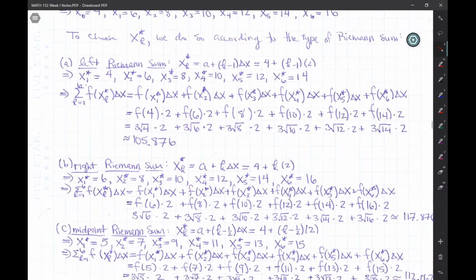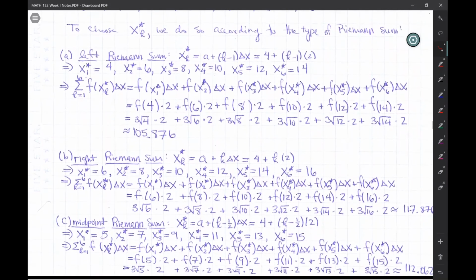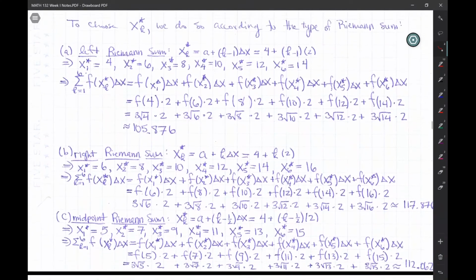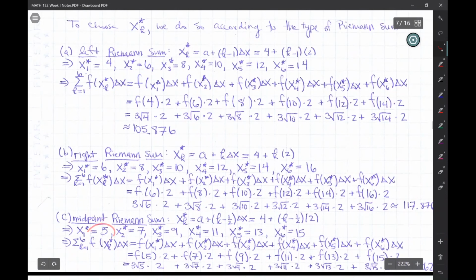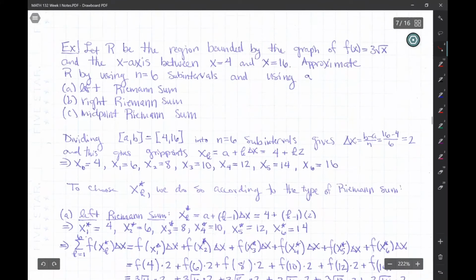So we could see that if the left endpoint was 4 and the right endpoint was 6, well, what's going to be the midpoint? For the first subinterval, it's going to be 5, okay? Or you could just use this formula where k is running from 1 up to n.